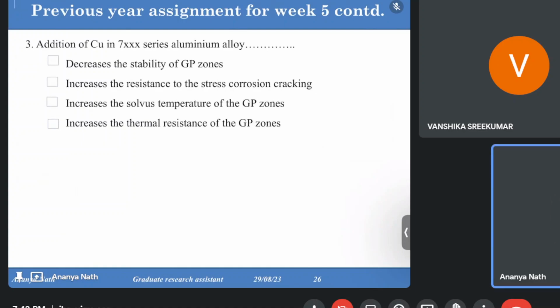addition of Cu or copper in 7000 series aluminum alloy. What is the answer?